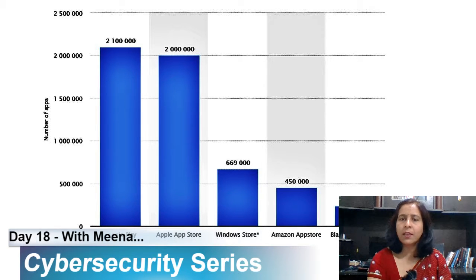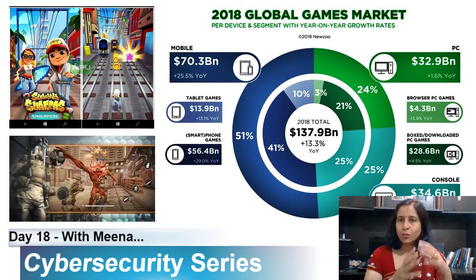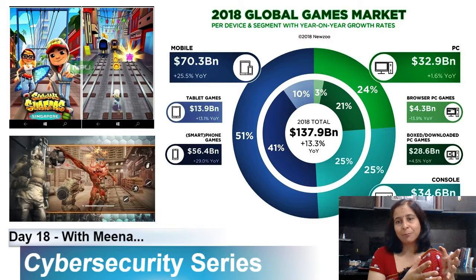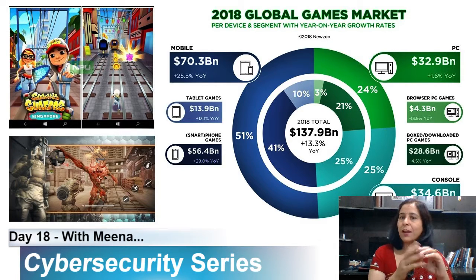If we think only about the game market, in 2018 the global game market revenue was 137.9 billion. 51% of this revenue, that's 70.3 billion, was for mobile games, and 34 and 32 billion were for console and PC games.